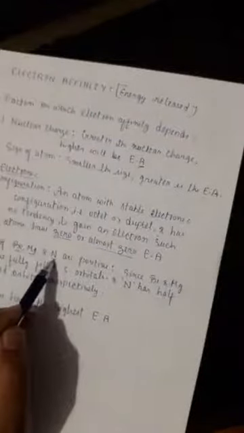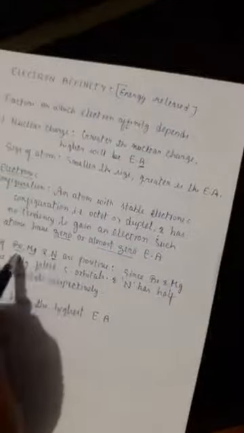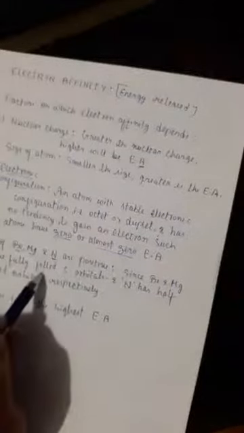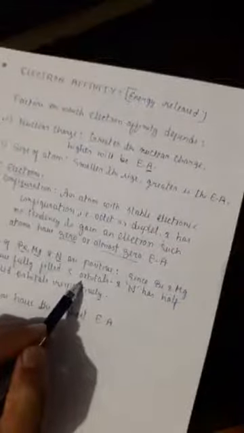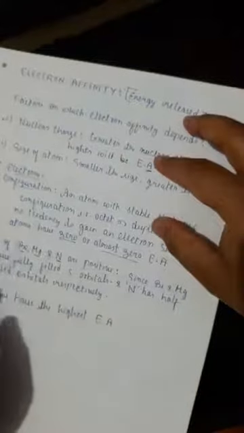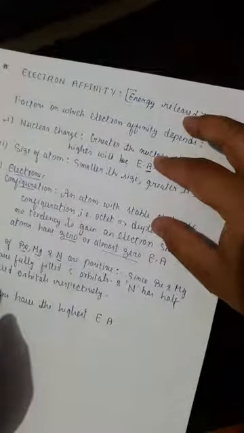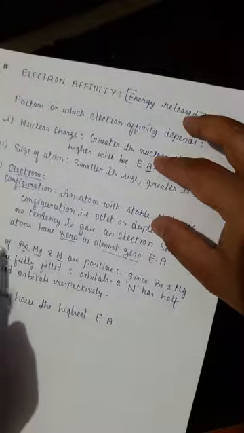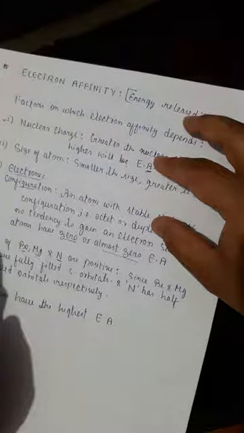Nitrogen has a half-filled orbital, whereas beryllium and magnesium have a fully filled s orbital, because of which they are highly stable. They do not have any affinity for electrons. Therefore, they are said to have either zero or positive electron affinity.